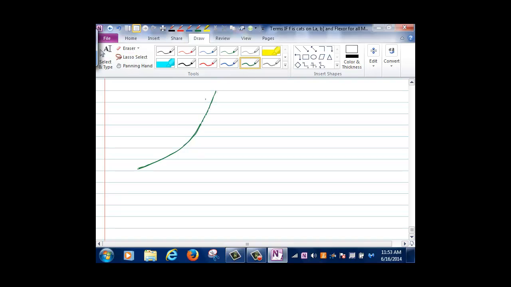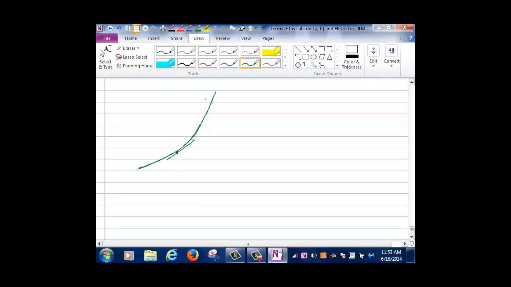So this is a concave up curve. So notice what's going on here is that if I look at the tangent line at any given point, the tangent line lies below the graph. Okay, when you have the function being concave up on an interval, it means that at each point the tangent line is below the graph of the function. Okay.